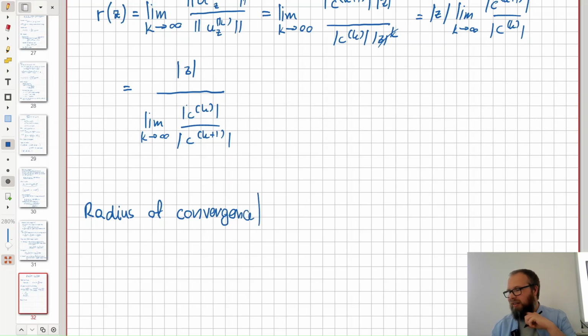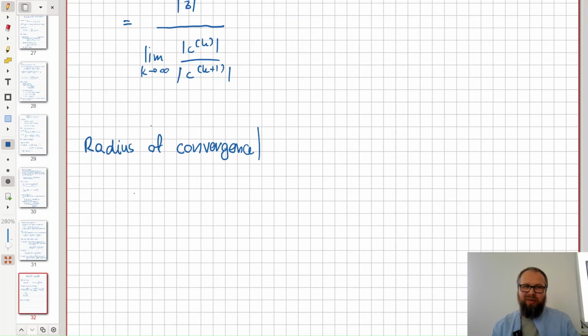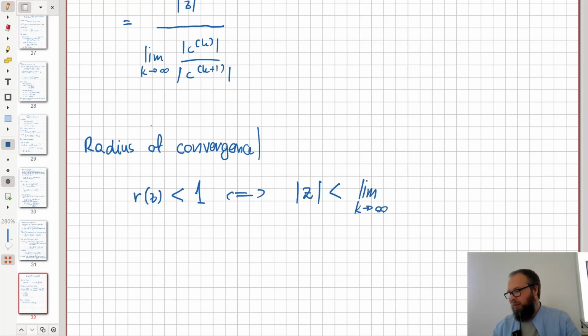If we want this series to converge, so this to be less than 1, this is the same as saying that the absolute value of z must be less than the thing in the denominator, which is some positive number, finite or might be infinite, the limit of c_k over c_{k+1}. And we will dub it R, capital R.